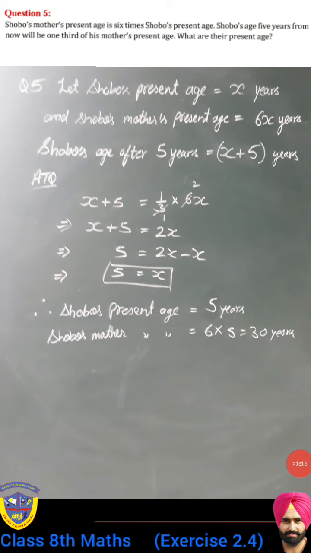Now after this, transpose x to the right hand side. You will get 2x minus x. In this way you will get x value is equal to 5. So put this value here. You will get Shubho's present age is 5 years and mother's age is equal to 30 years. Is it clear?